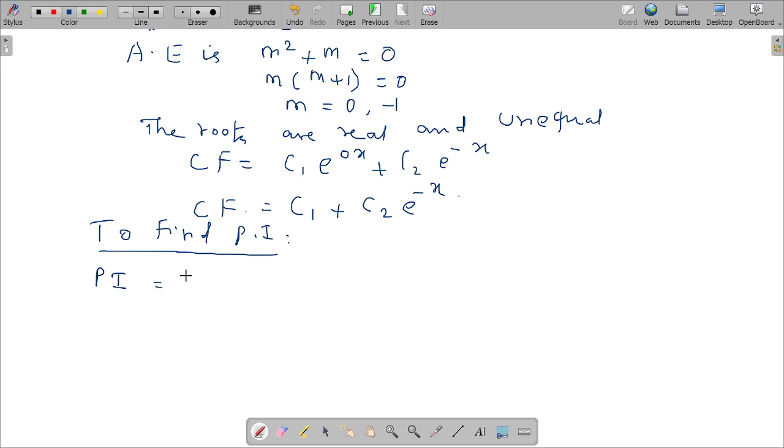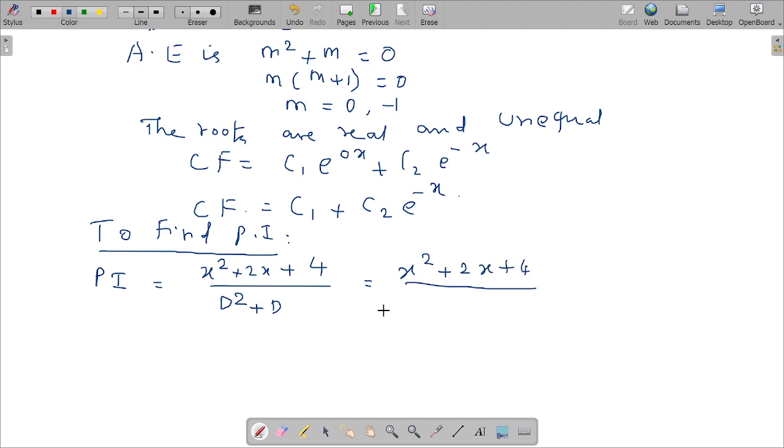The right hand side is x square plus 2x plus 4, divided by D square plus D. Here you take D outside in the denominator.